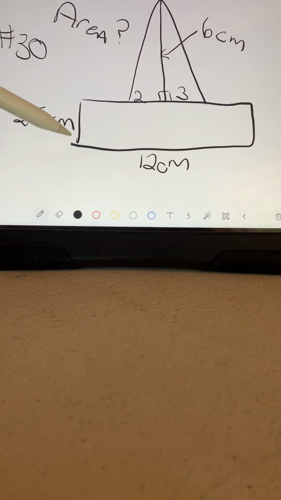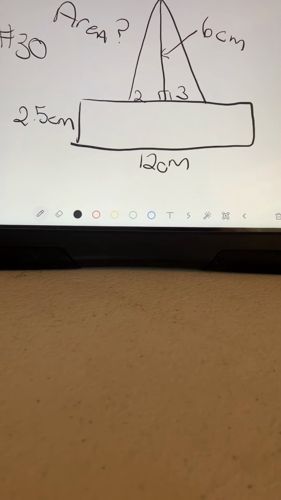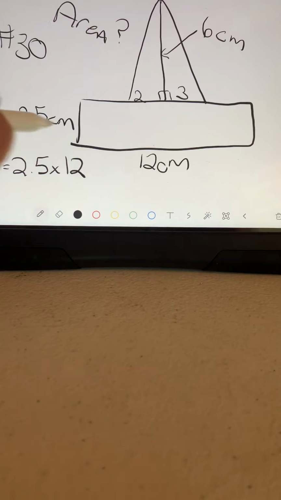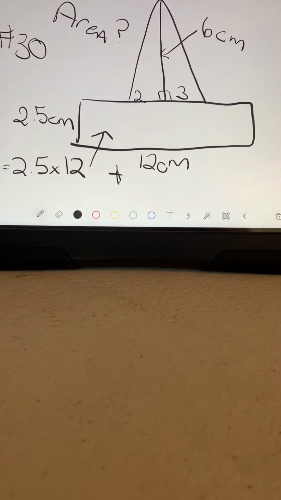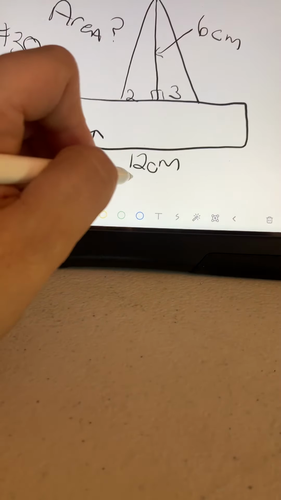So I have two figures here, which is just like our composite figures we've been working with in class. So I have a triangle and a rectangle. So my rectangle will be area equals base times height, or 2.5 times 12. So I'll take that area plus the area of what? Our triangle.